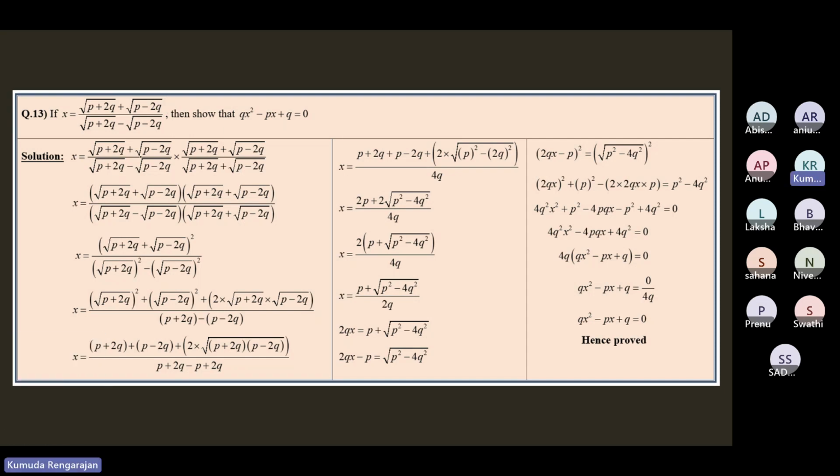Now multiply the numerators, multiply the denominators. So you can see this. I've enclosed this numerator in a bracket and this numerator in a bracket. Multiply the numerators, and I've enclosed this denominator in a bracket and this denominator in a bracket. So next step is multiply the numerators, multiply the denominators. So that I've written the numerators in brackets.